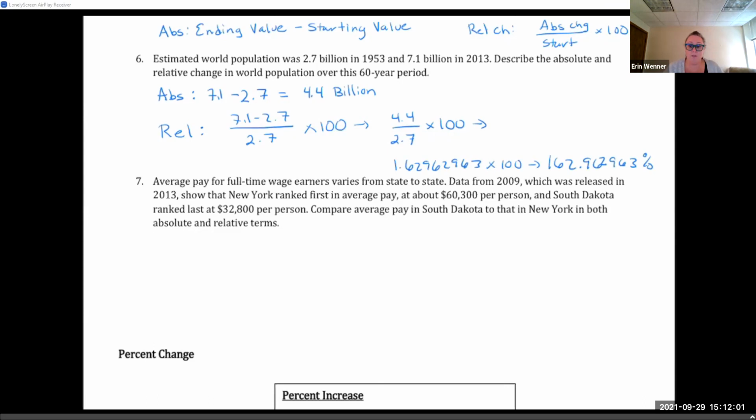If they say to round to the nearest tenth, that means we would be rounding the 6 to the 9. The 9 then gets rounded up, and we would report this as 163.0%. That's rounding to the nearest tenth. We need to add the 0 in there because we're indicating we have rounded our answer to that decimal point.